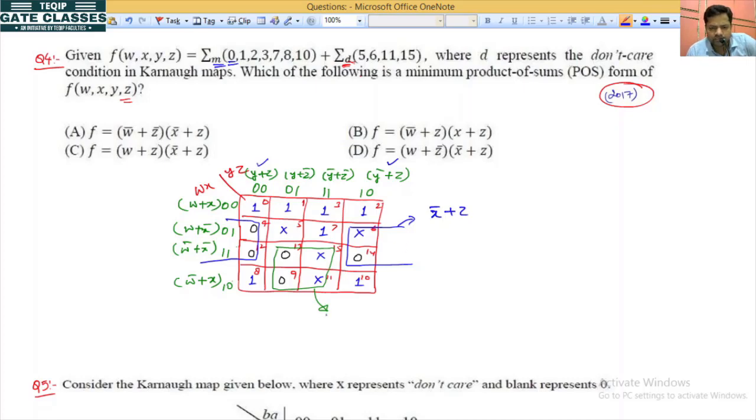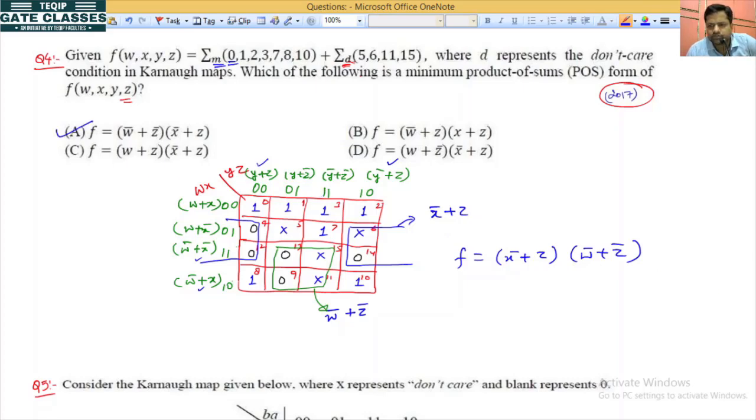Now go for this one: w bar plus x bar, w bar plus x, so w bar is common. Now from the column y plus z bar and y bar plus z bar, it will be z bar. So what will be the simplified function? x bar plus z, w bar plus z bar. So w bar plus z bar and x bar plus z, option A is correct.